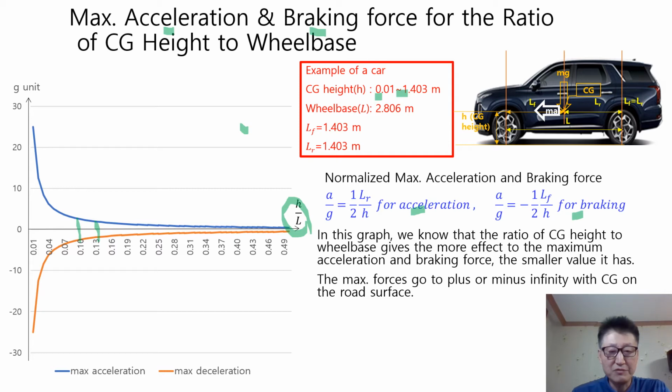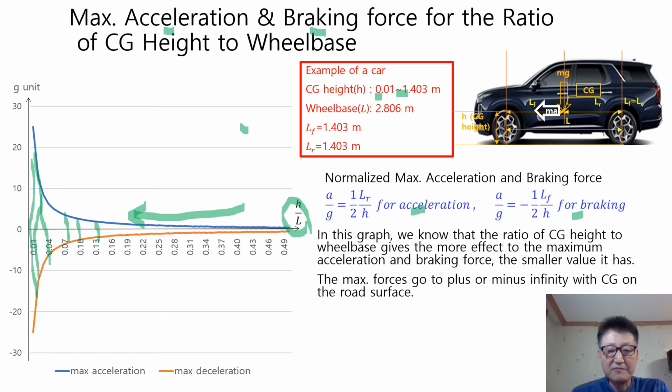When the ratio gets smaller, the quantity of this maximum force is bigger and bigger. You can see the bigger increment in both acceleration and braking when the ratio of h to L is getting smaller in this direction, as you can see in the picture.